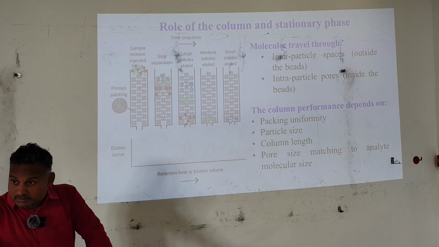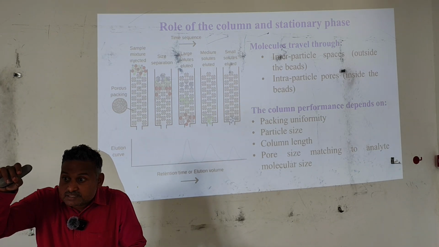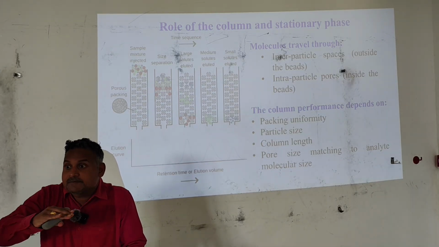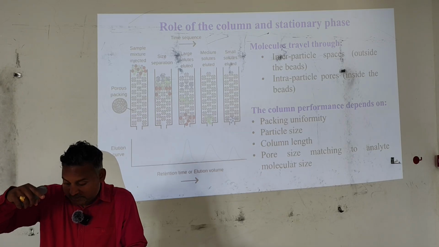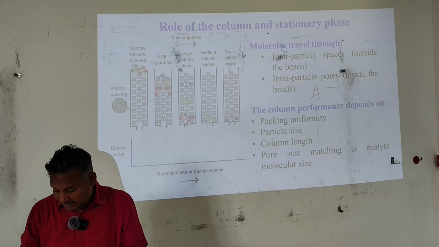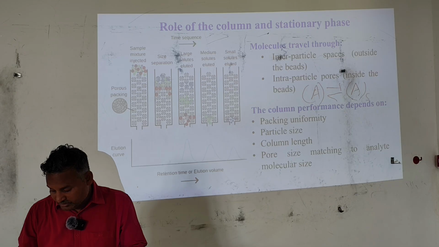Inside the porous beads, it is with the stationary phase. Outside the beads, it is in the mobile phase. That's why I told you, if A is present, there is an equilibrium distribution of A between stationary phase and mobile phase.